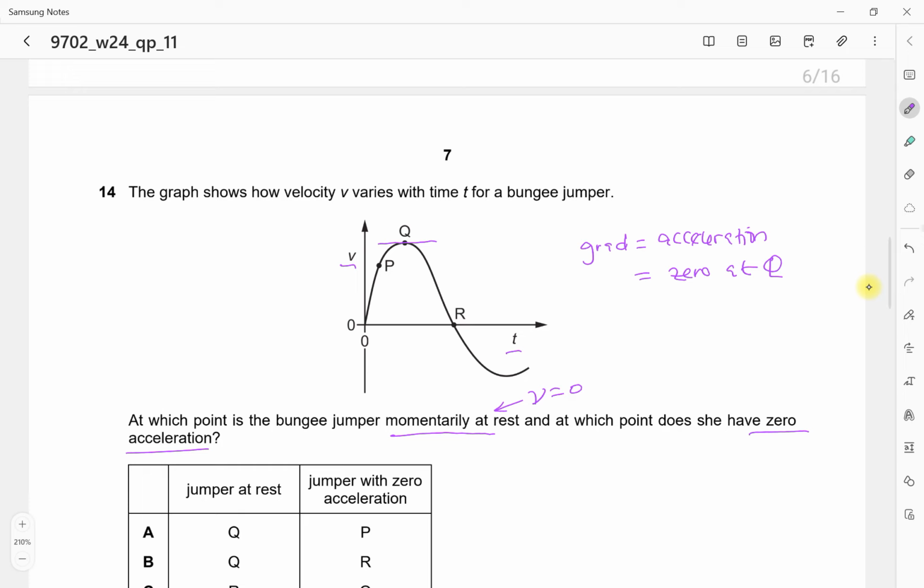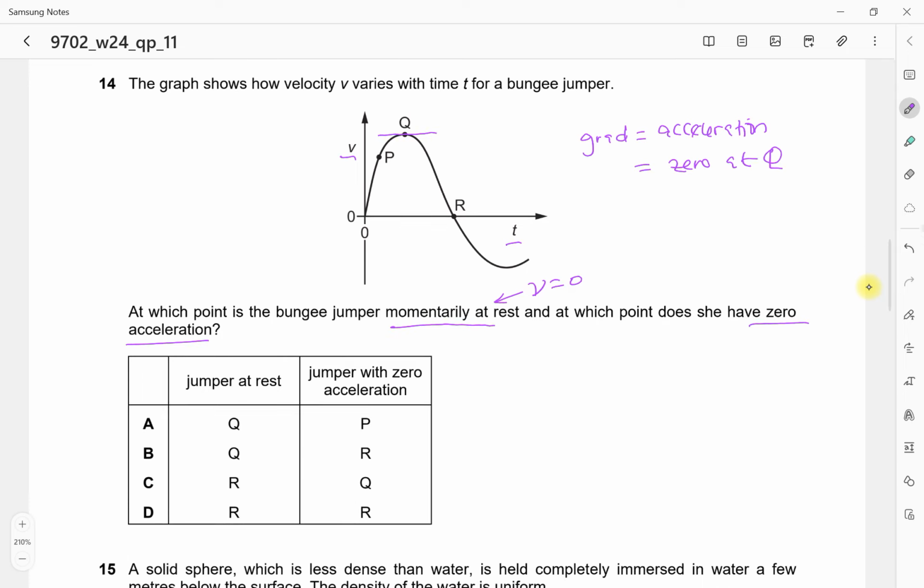So the gradient is the acceleration, which is equal to 0 at point Q. So here it is 0 velocity, momentarily at rest, at r, and then 0 gradient at Q. So the answer is going to be C.